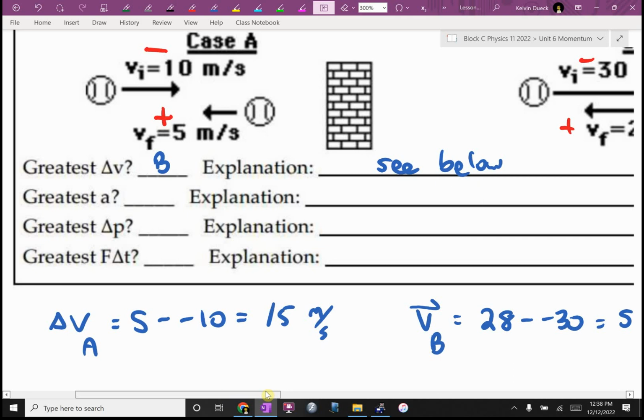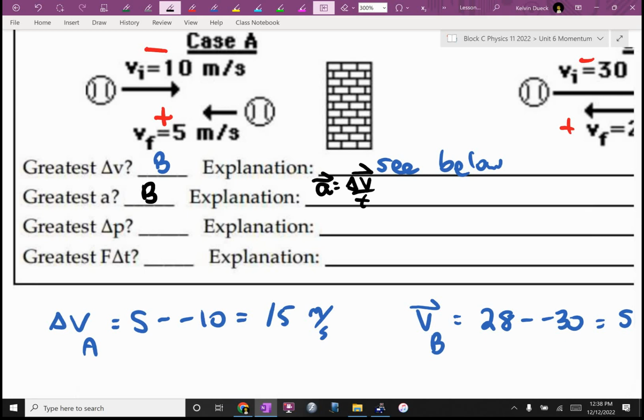Why? You're right. I don't know if you remember, at the very beginning of the kinematics unit, I defined acceleration as delta V over t. So which one's going to have the bigger acceleration? The one with the bigger change in velocity, which is B. Yep.